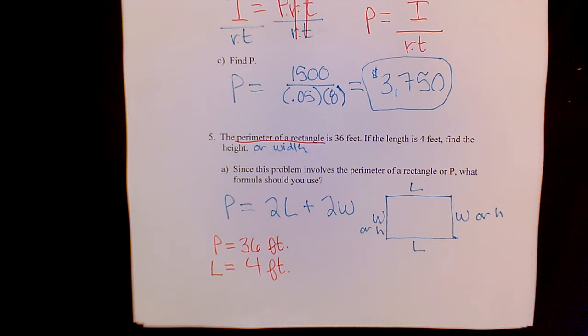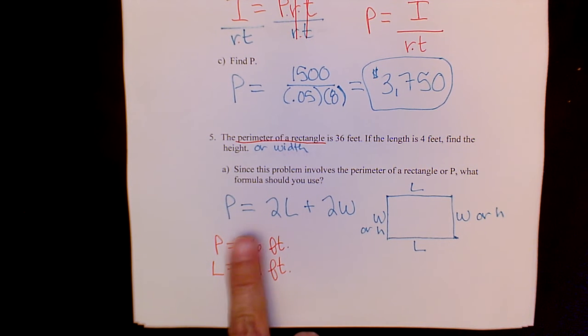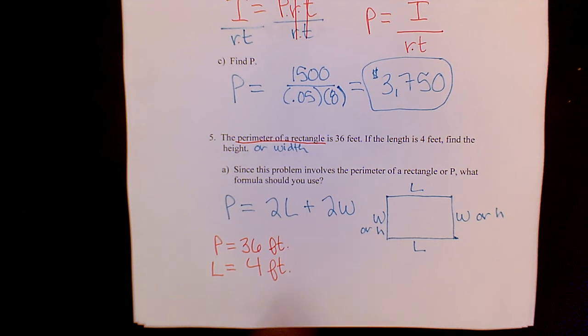So the formula that I found that talks about the perimeter of a rectangle was formula number 4. And I wrote down P equals 2L plus 2W. And again, 2W, if you want to use 2H, they're the same.